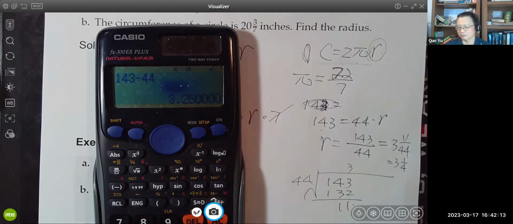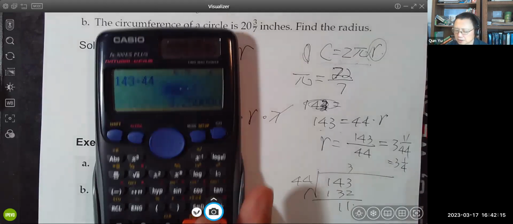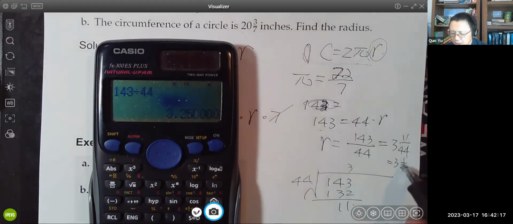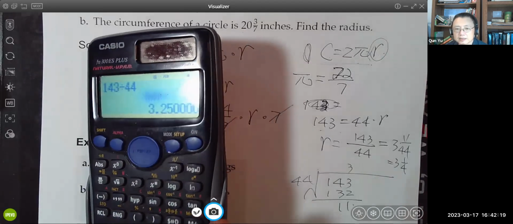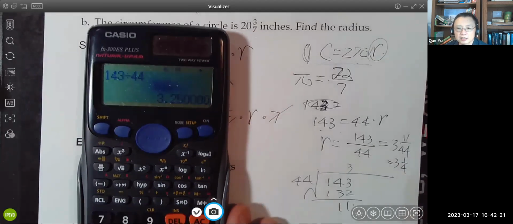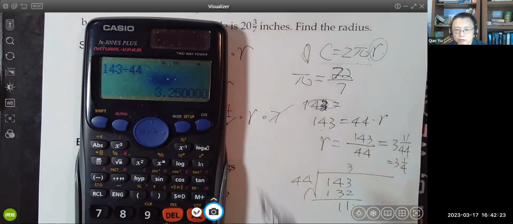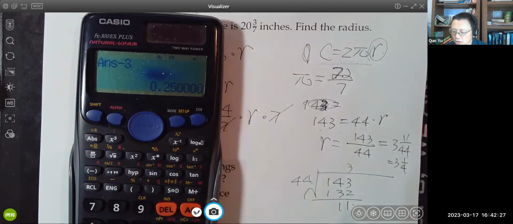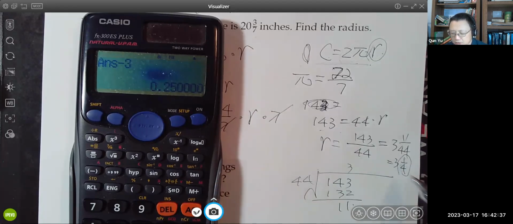That's 3.25. Now here's the thing, how you get this fractional part. After you get this decimal result, subtract whole number part, get rid of whole number. Minus 3 equals. So now we only have decimal part, which is the same as this part. How do you convert it to 1/4?